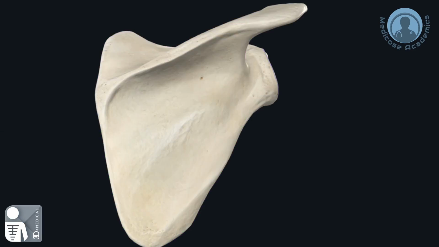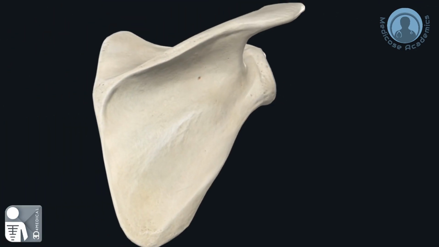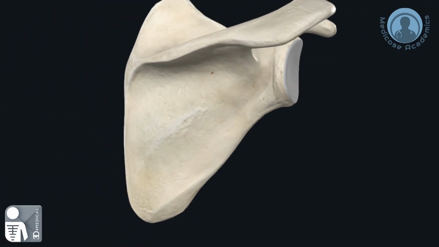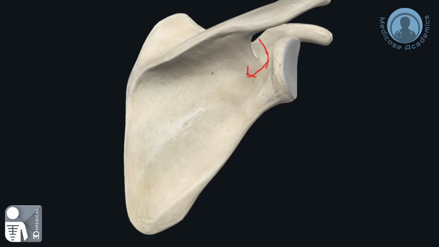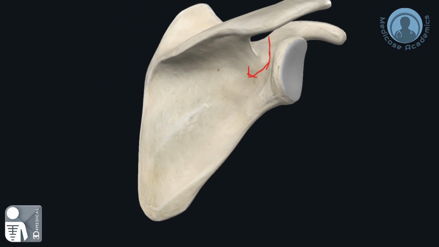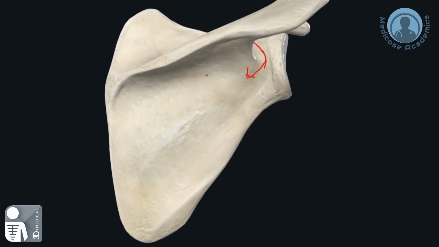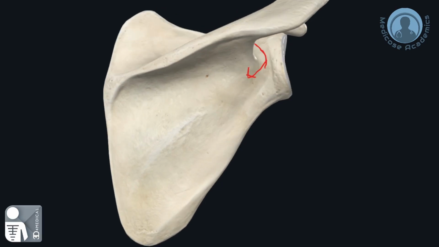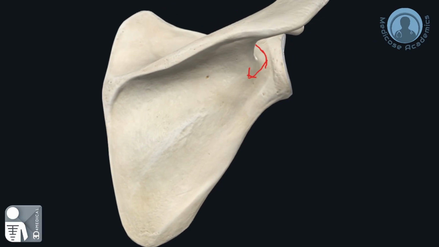These two fossae are joined with one another through this notch called the spinoglenoid notch, because it is present between the spine of scapula and the glenoid fossa of the scapula. There are structures that are passing through them. We will see them too.